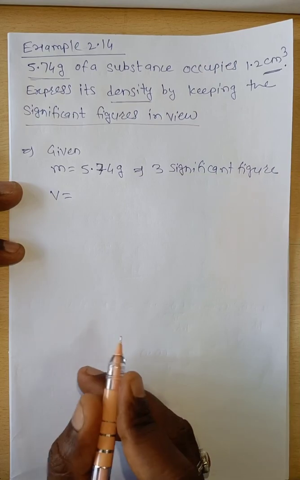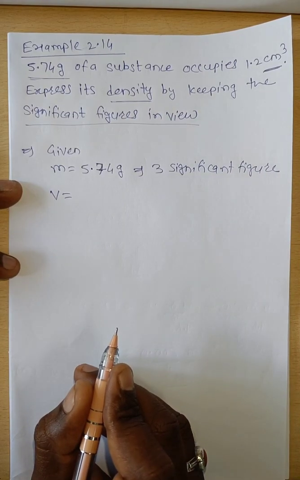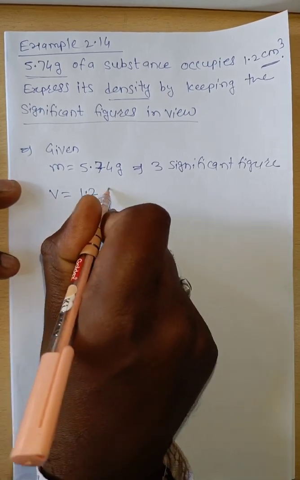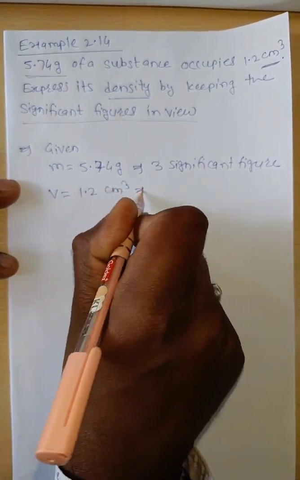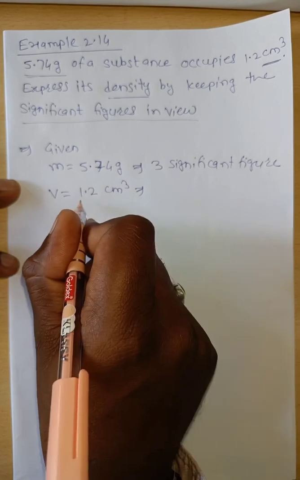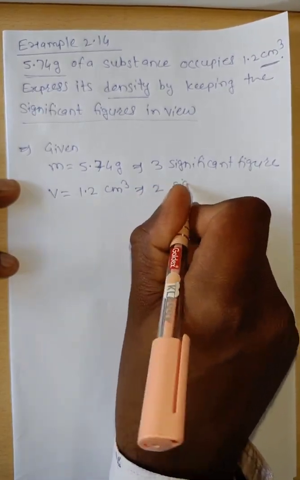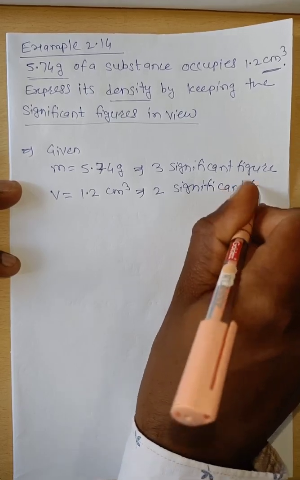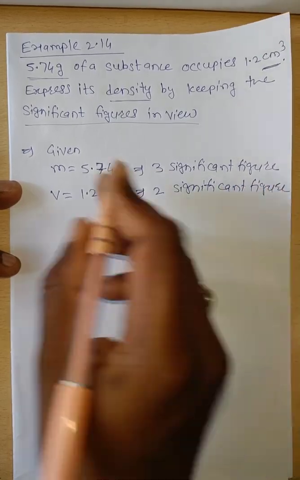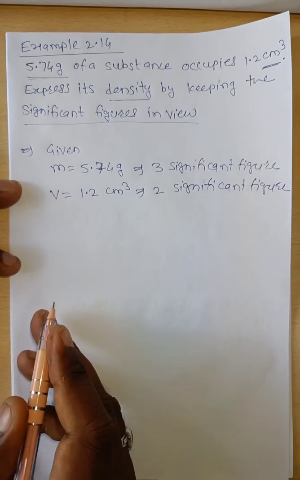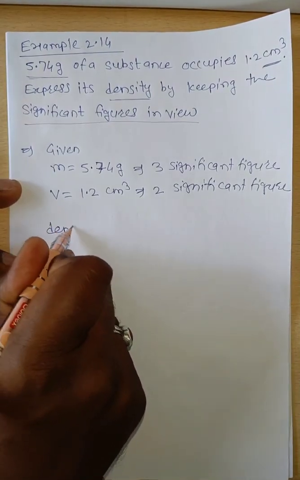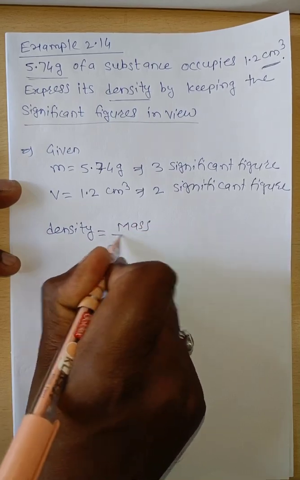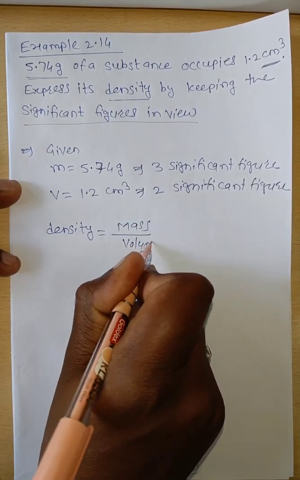And occupied 1.2 cubic centimeter means this is the volume. The unit is cubic centimeter, so it is a volume. Therefore, the volume is 1.2 cubic centimeter. Then this number has how many significant figures? 2 significant figures. Then we have to find out the density. You know the formula, density is equal to mass divided by volume.